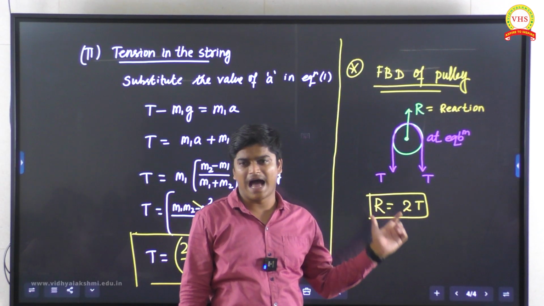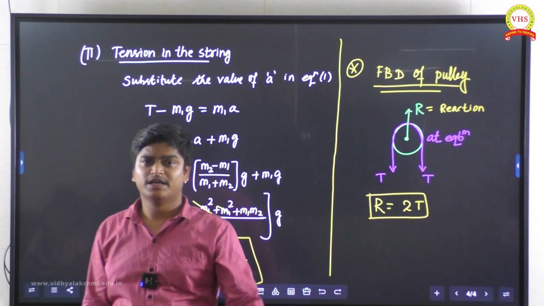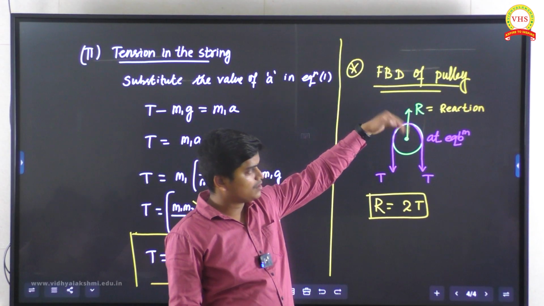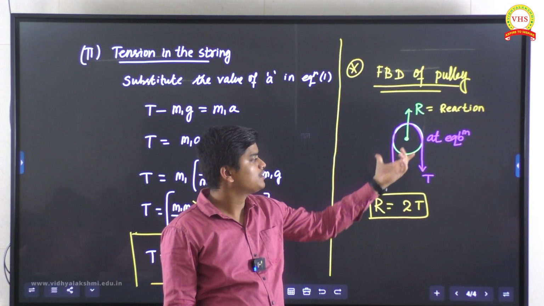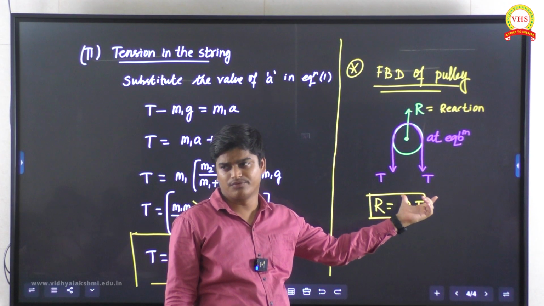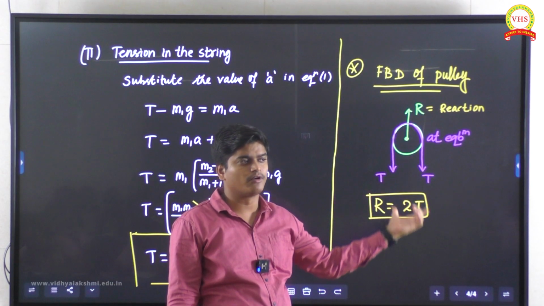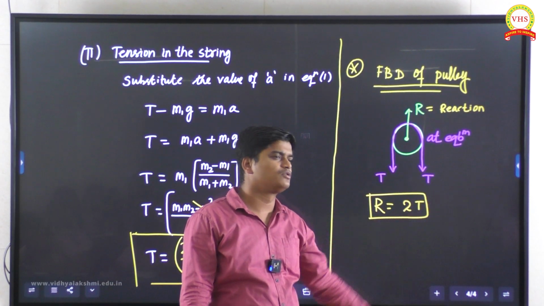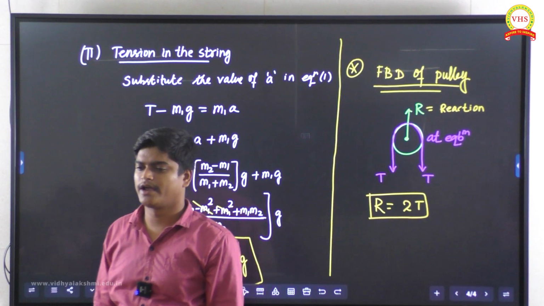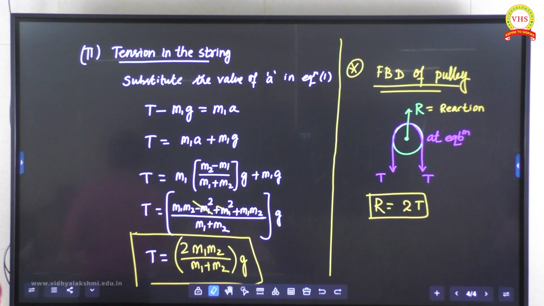So at equilibrium, when the pulley is not moving, whatever vertical force is upward equals the total downward force. Vertically upward force equals vertically downward force. So R equal to 2T. Remember this. So do the free body diagram of the pulley and try to understand this.